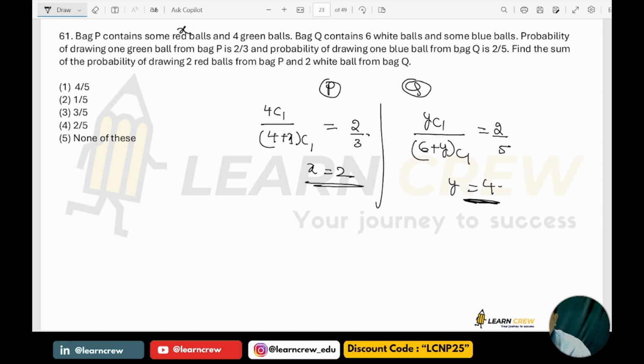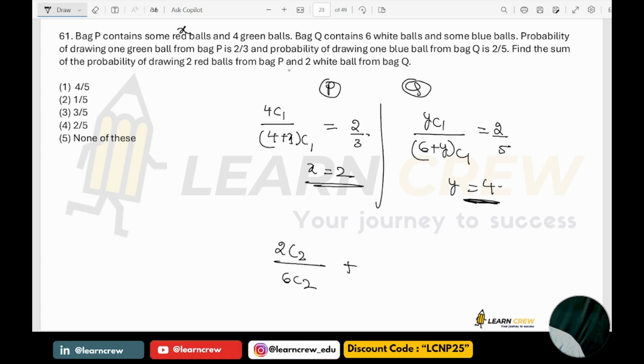Now the required probability is the sum of the probability of drawing 2 red balls from bag P and 2 white balls from bag Q. 2 red balls from bag P means 2C2 divided by total balls 4 plus 2, 6, so 6C2.